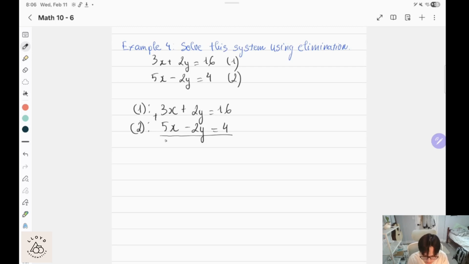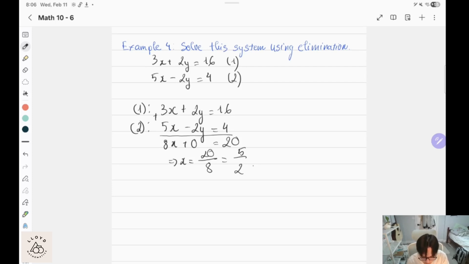So here we got 8x, and plus 2y with minus 2y is 0. And 16 plus 4 is 20. So 8x is 20. So x here is 20 over 8, which is 5 over 2. Right? We already got x is equal to 5 over 2.